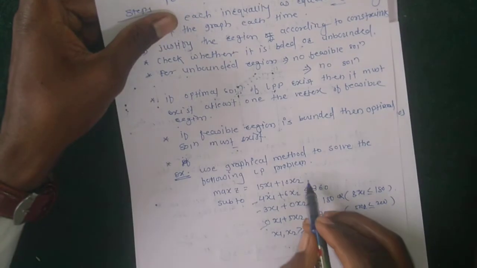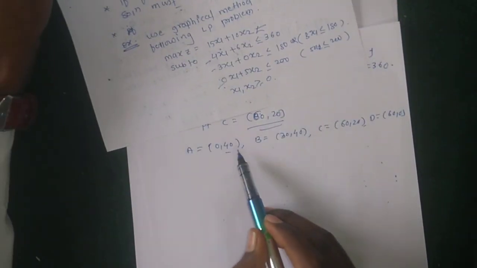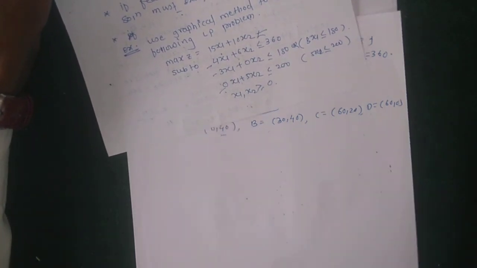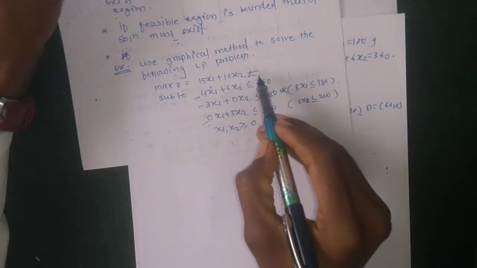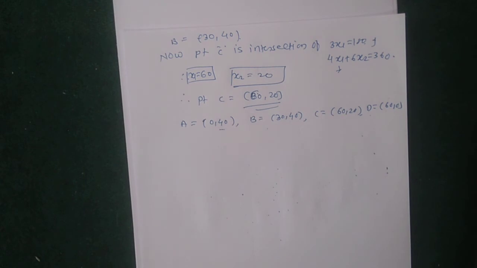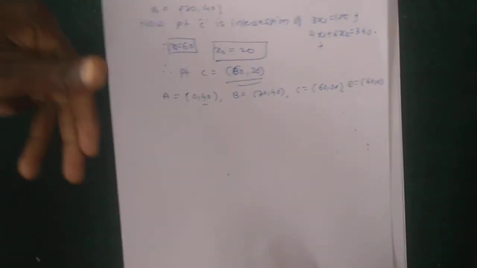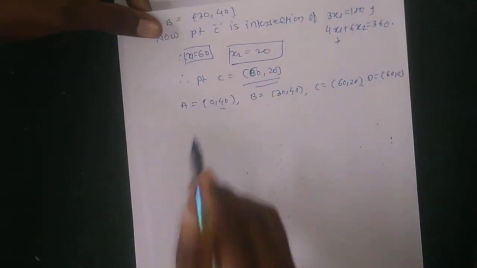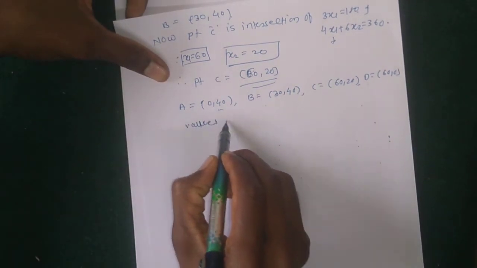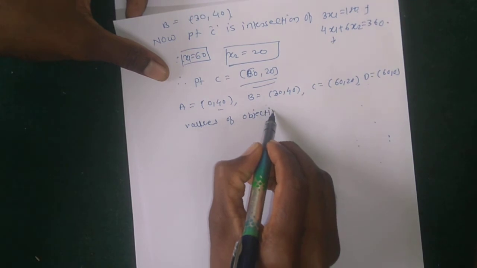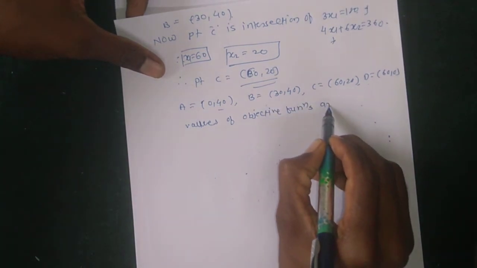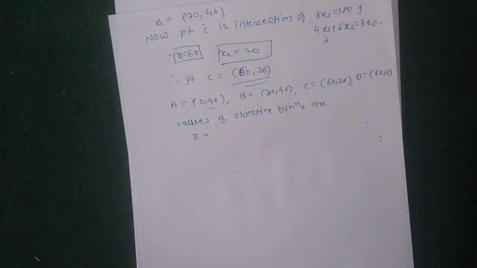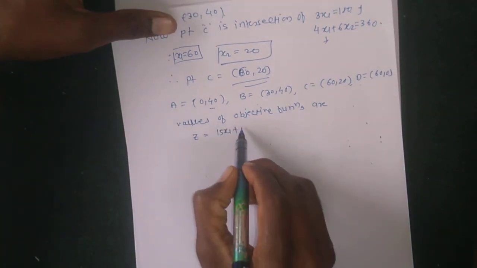To find the maximum value, we find the value of Z at each point, and whichever value is maximum is the solution of our objective function. Z is 15x1 plus 10x2.